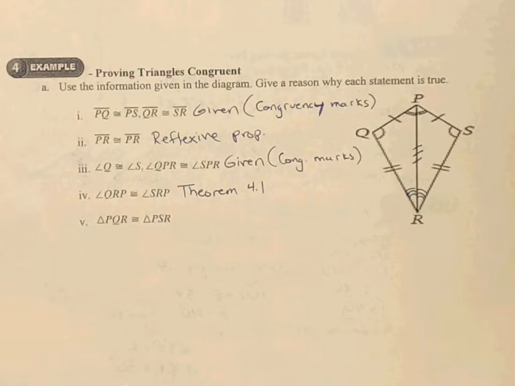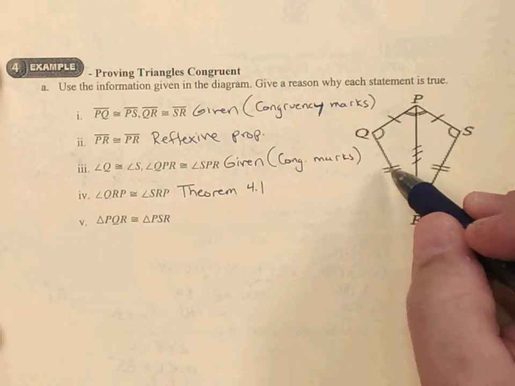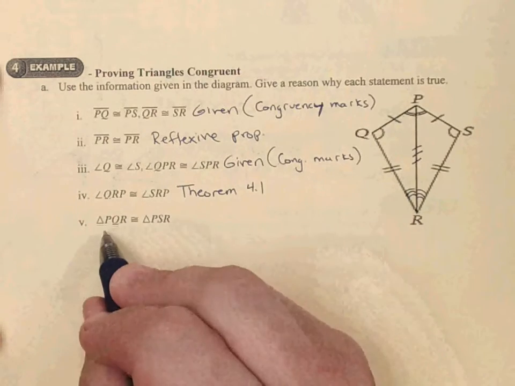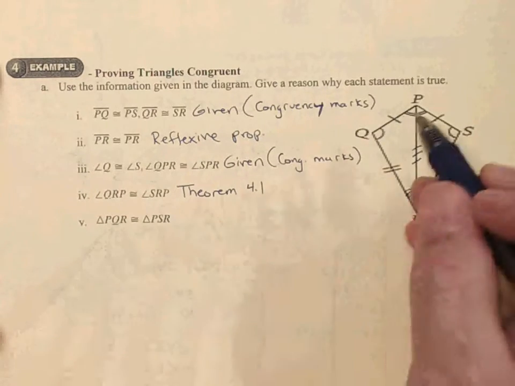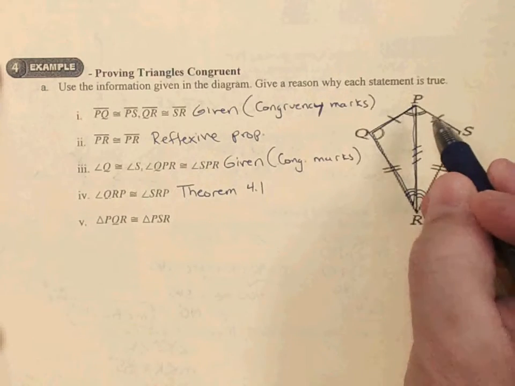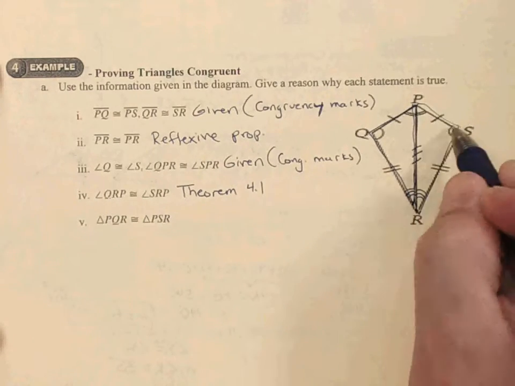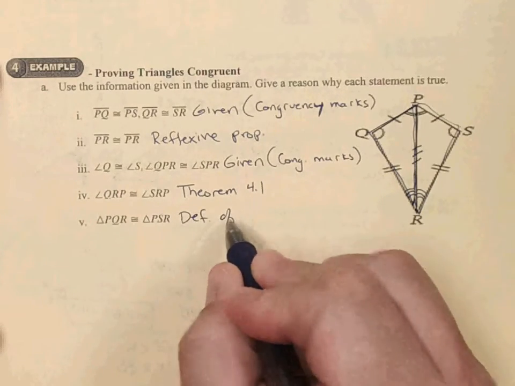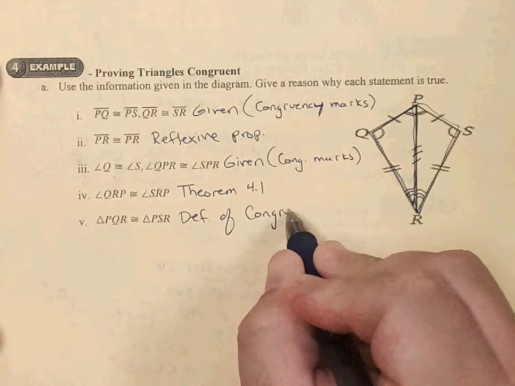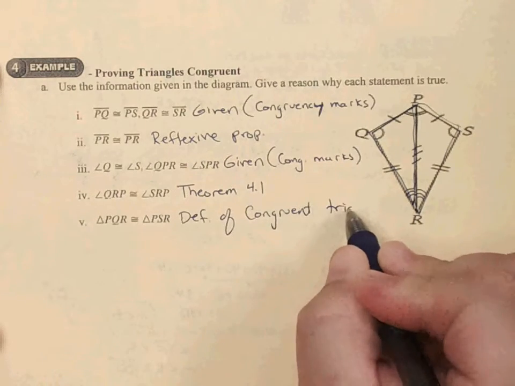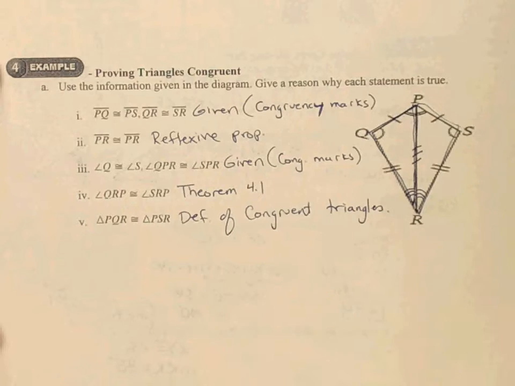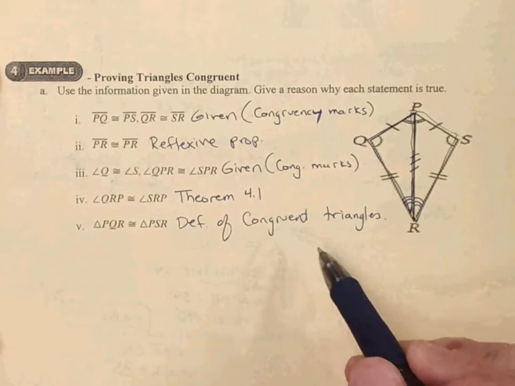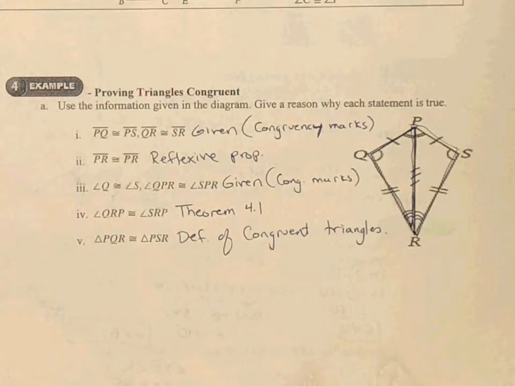So now if we have 3 sides congruent and 3 angles congruent within each of these figures, we can say that the triangle PQR, which is this one here, is going to be congruent to this triangle here, PSR, by the definition of congruent triangles, which is really that first statement at the top of this page.